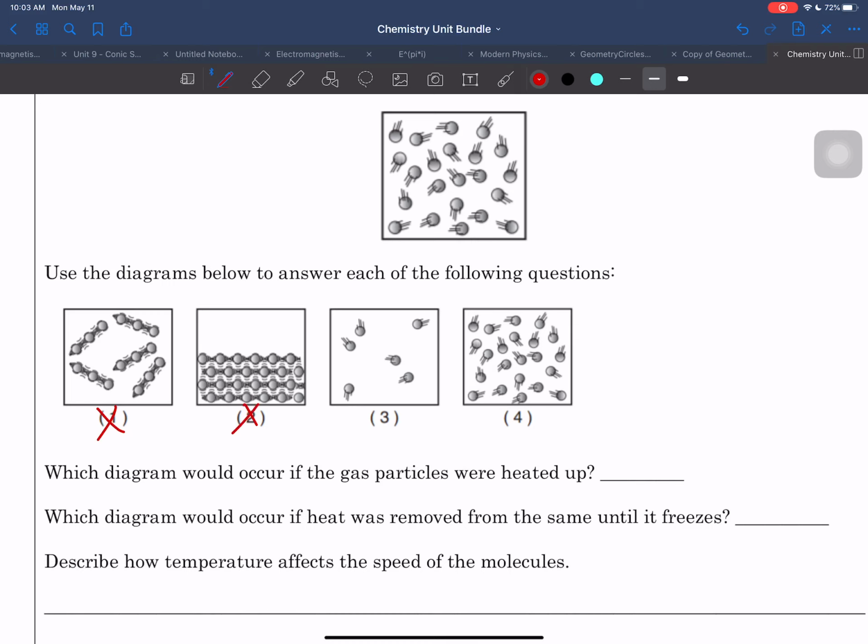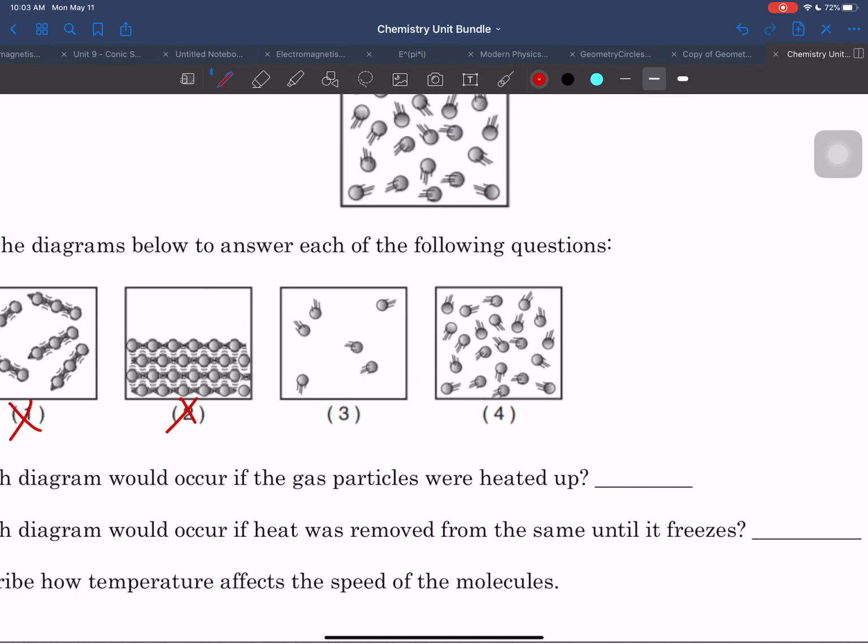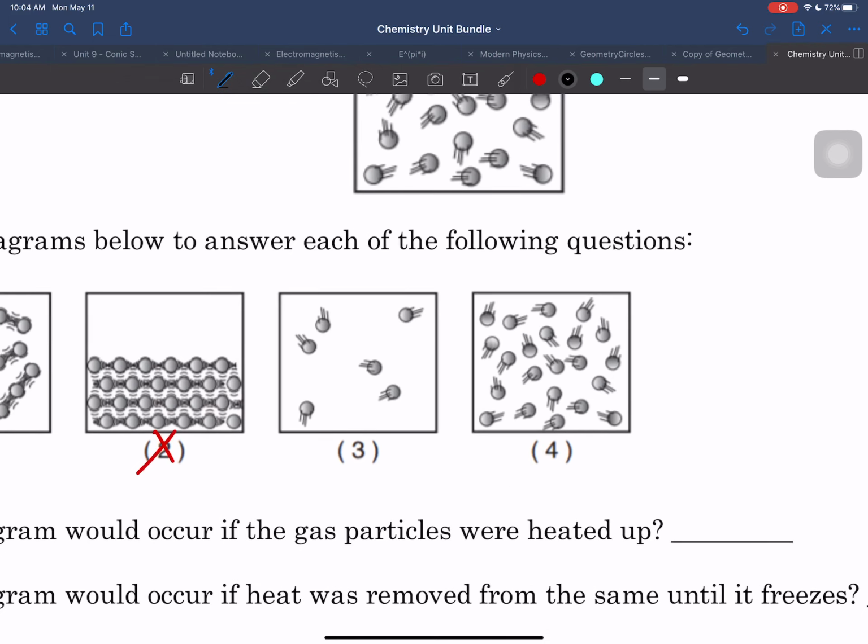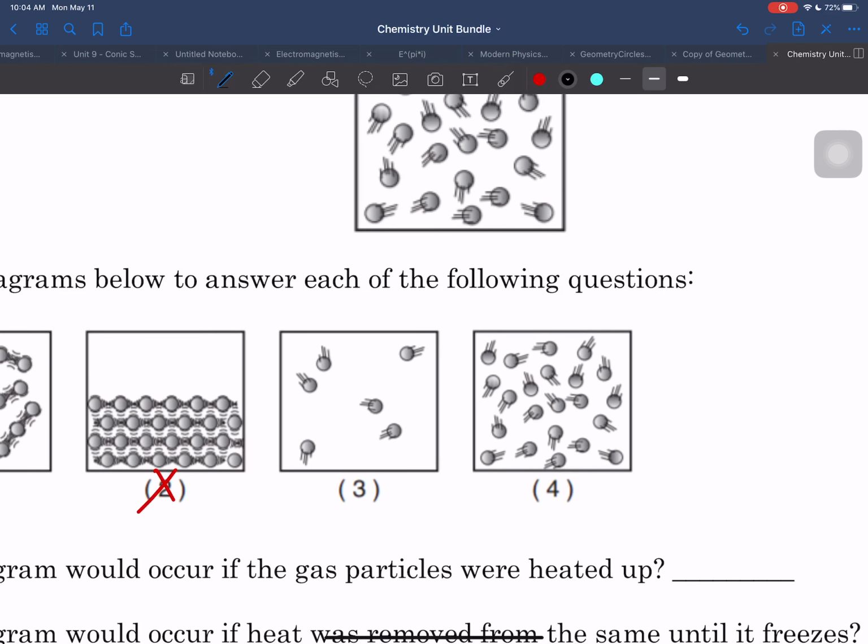Number 2, it looks like they form some kind of solid or liquid. But choice 3 actually looks the best because choice 4 is exactly the same. The only thing I don't like about choice 3, even though it's the answer, is it looks like there are fewer molecules. There's not going to be fewer molecules. They're just going to be further apart. They are going to spread out and they're going to move faster.